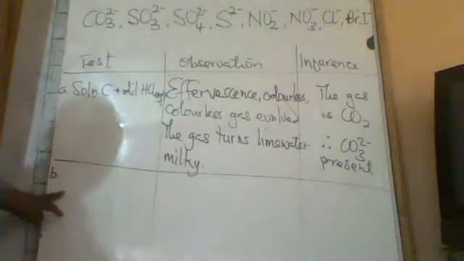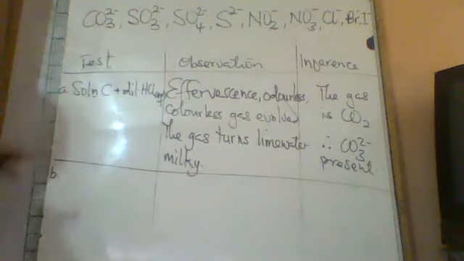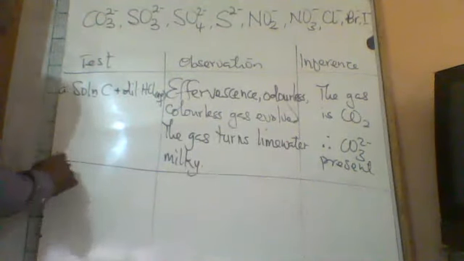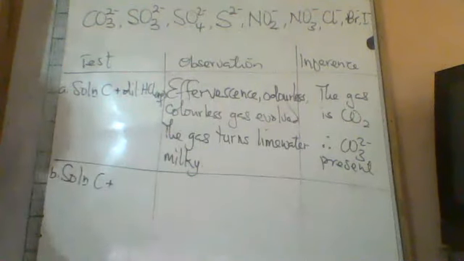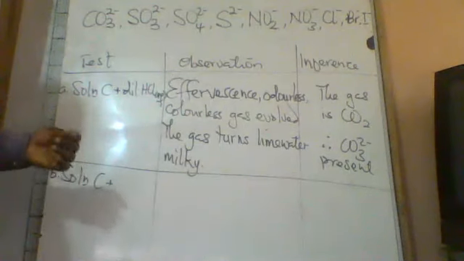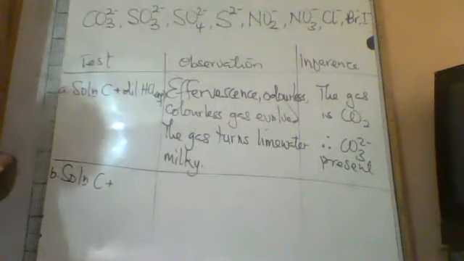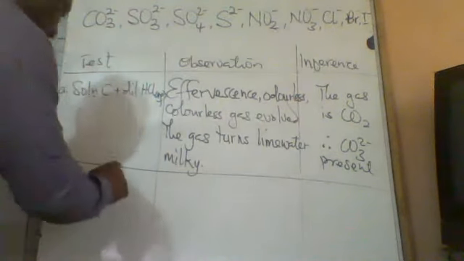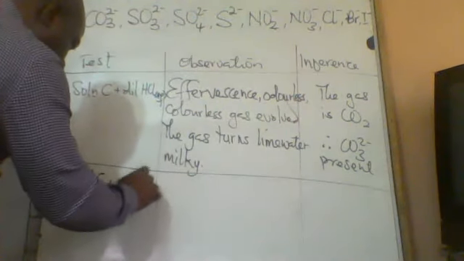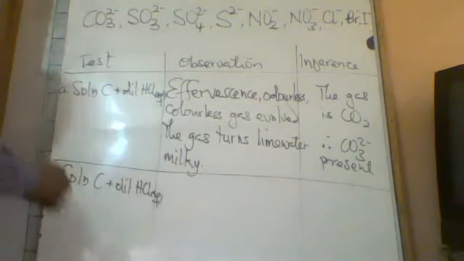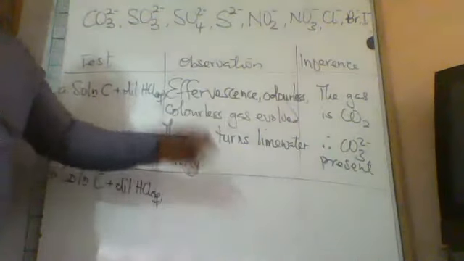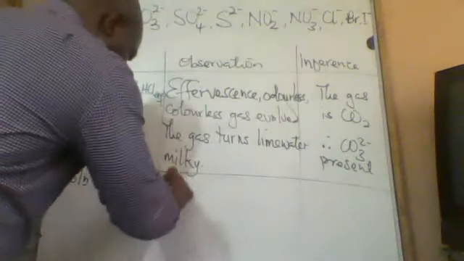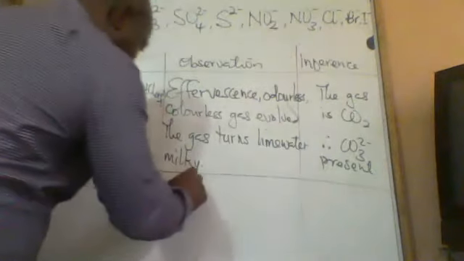No question. Now come to B. I'm moving on to the SO3 2 minus. If you have a test solution labeled C, and it contains sulfite, and you add dilute HCl to it, a colorless gas will be evolved if the SO3 2 minus is there.